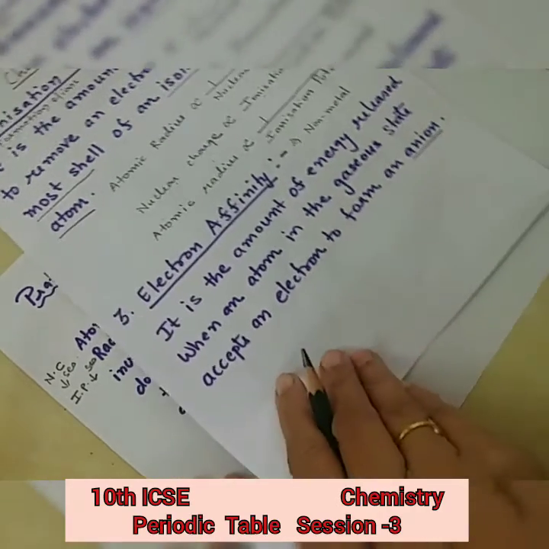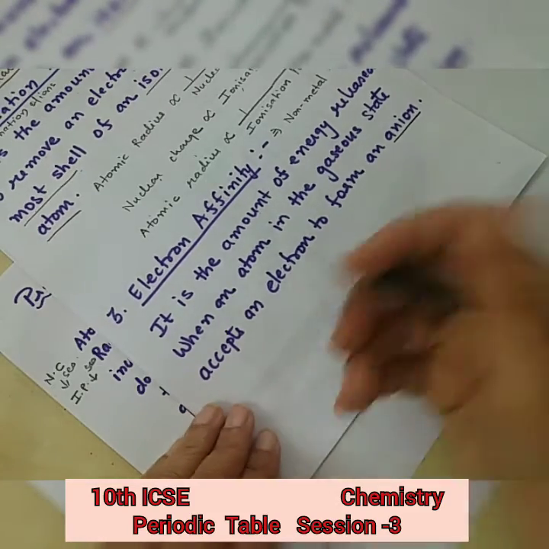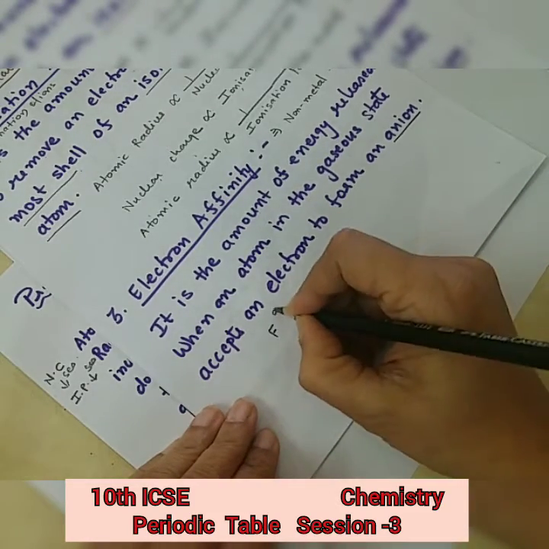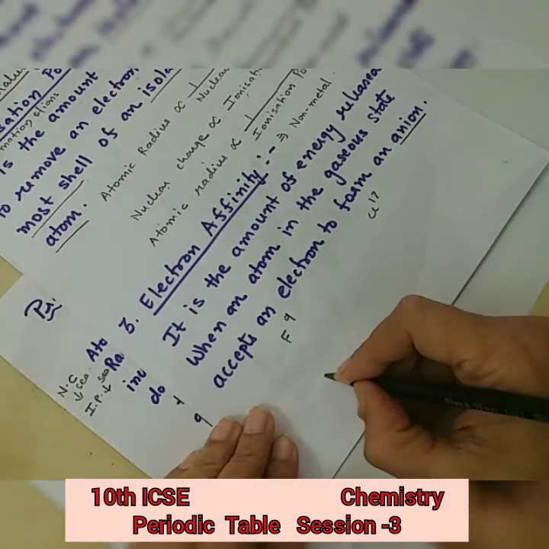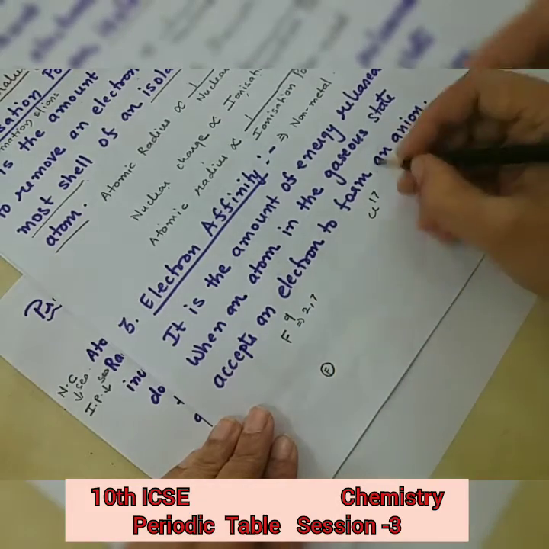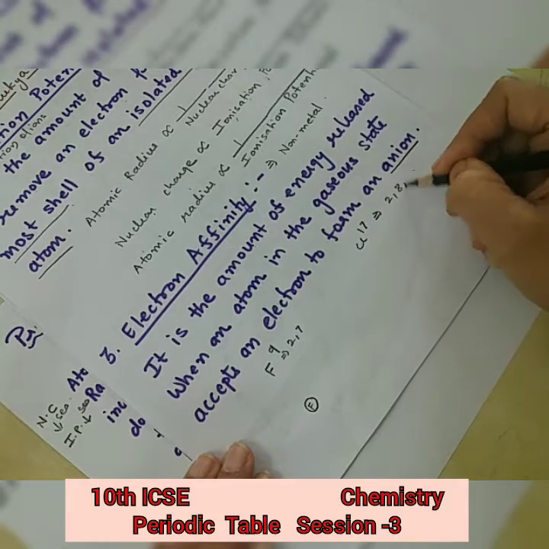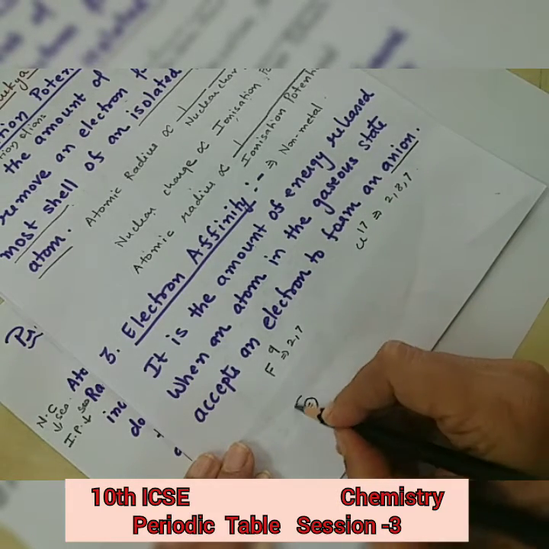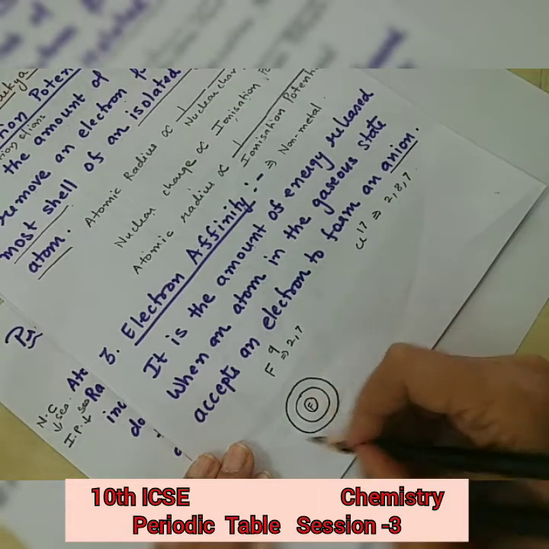Now when I take an example of fluorine and chlorine, fluorine has atomic number 9 and chlorine has atomic number 17. So fluorine's electronic configuration is 2,7 and chlorine has electronic configuration 2,8,7. Here I am drawing the atomic structure.